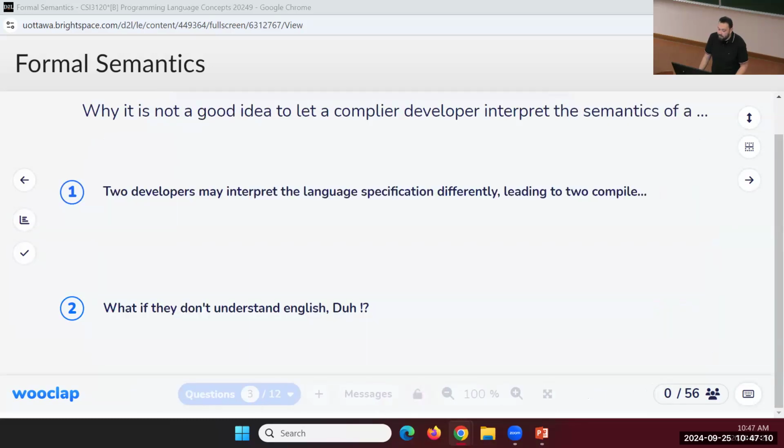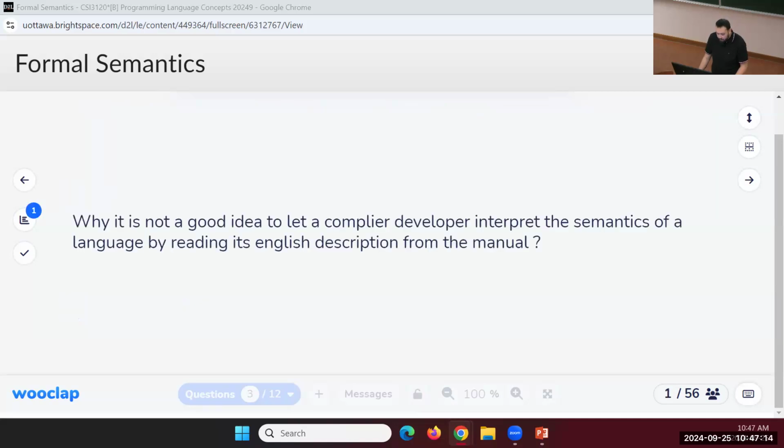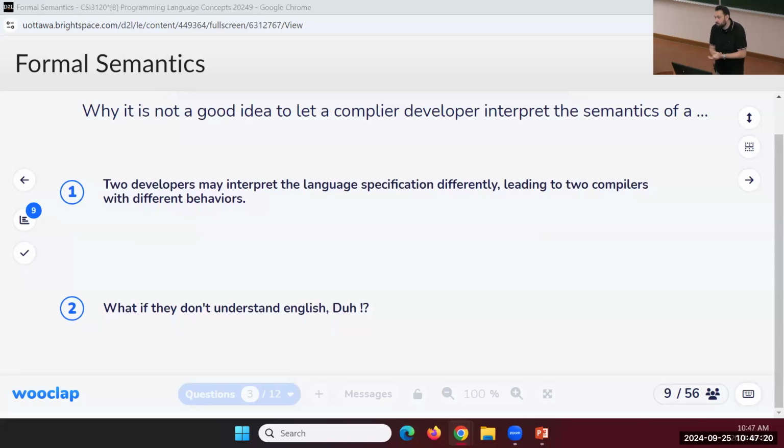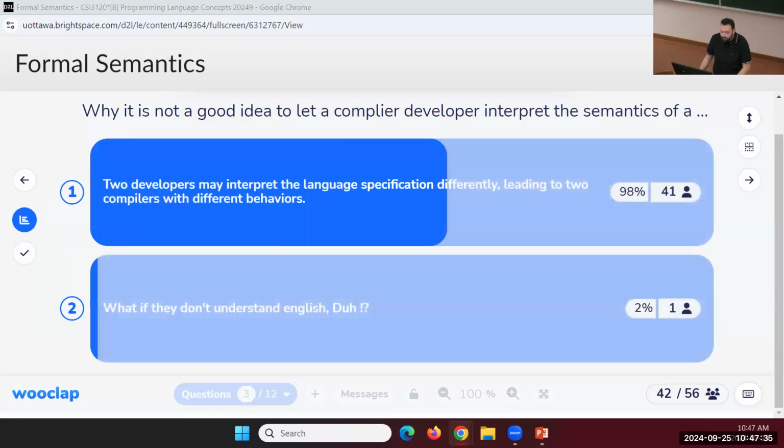Why is it not a good idea to let a compiler developer interpret the semantics of a language by reading its English description from the manual? Why would it not be? Of course, because two developers can interpret something differently, based on their own understanding of it. What does this mean?